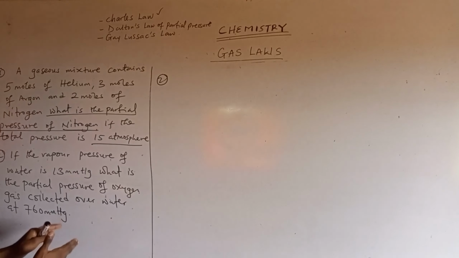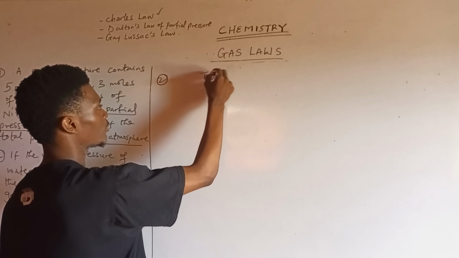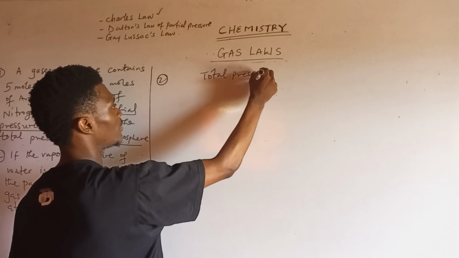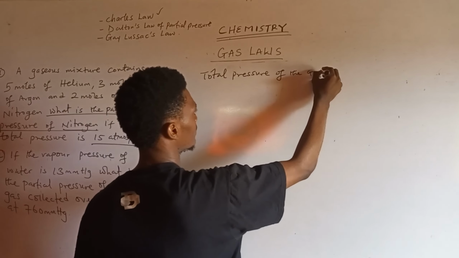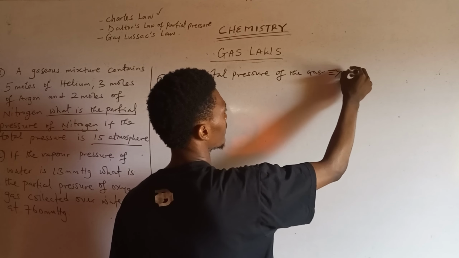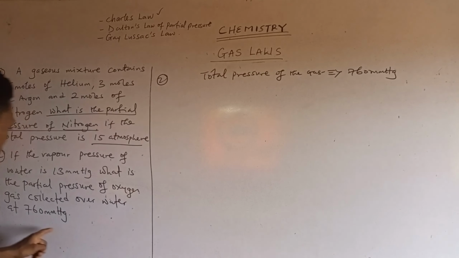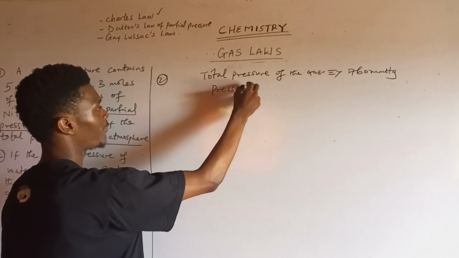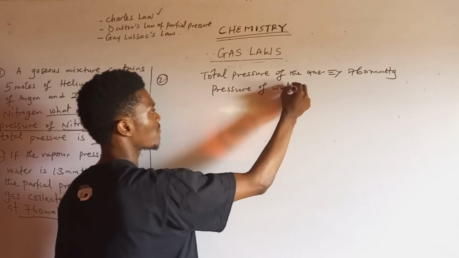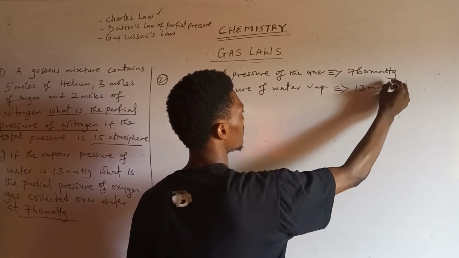Now, looking at this question, you get to know that the total pressure of the gas is given to be 760 millimeters mercury. All right, that's this one. Then we are given the vapor pressure. So the pressure of water vapor is given to be 13 millimeters mercury.